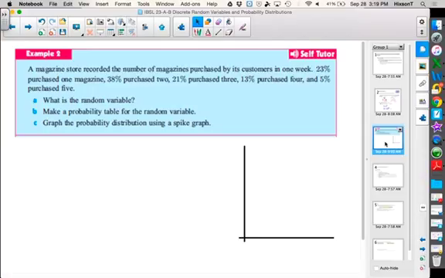So the first question we need to ask is, what is our random variable? Number of customers? You guys agree with that? What's our random variable?